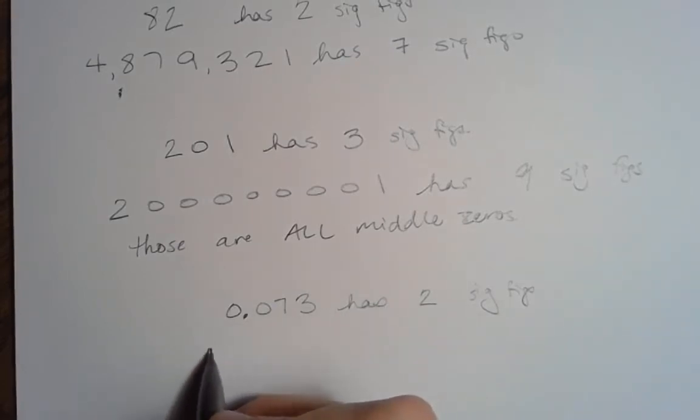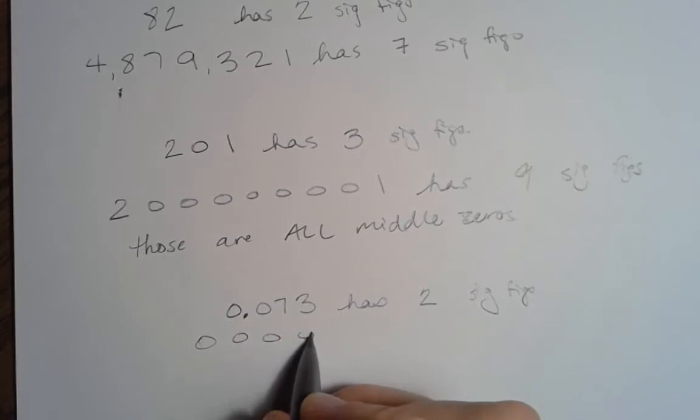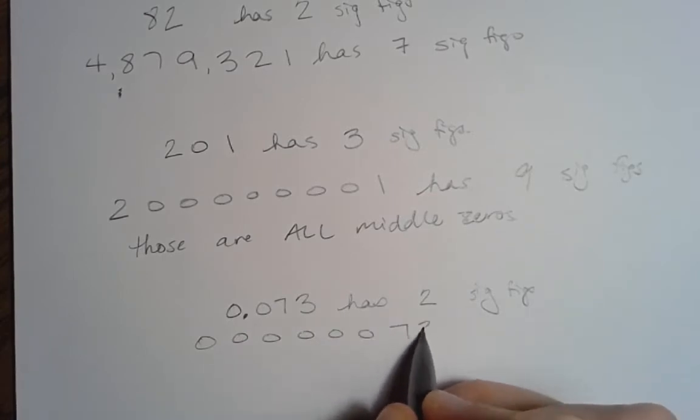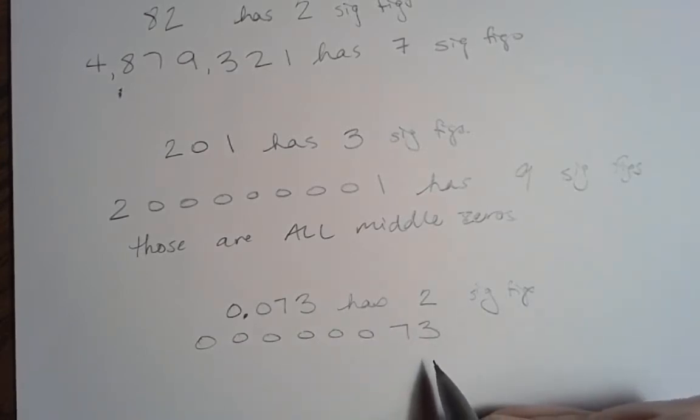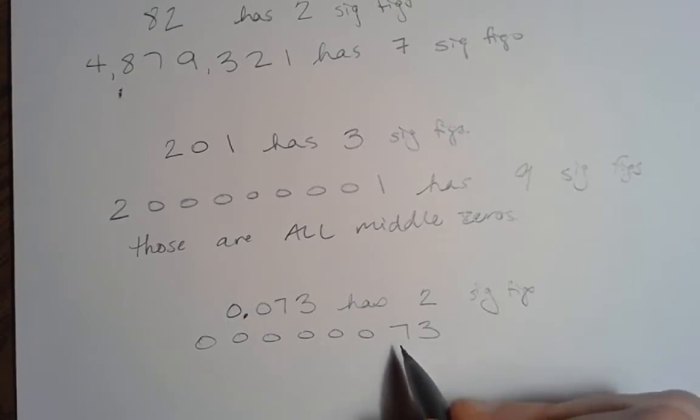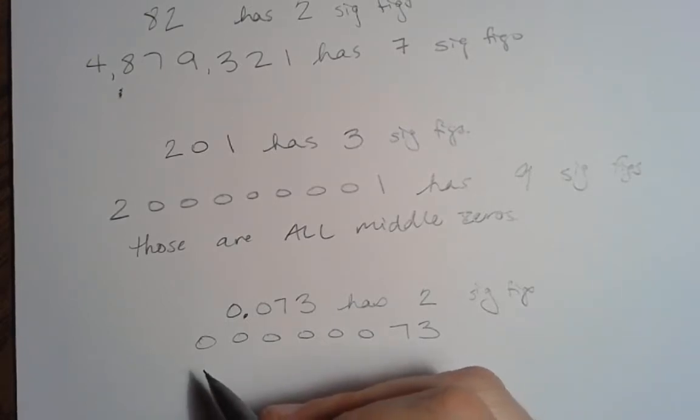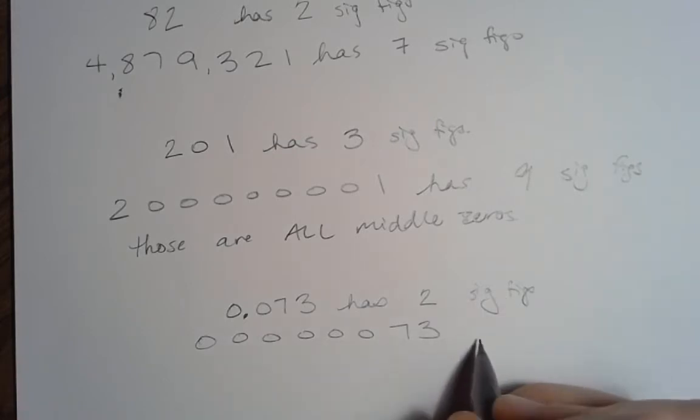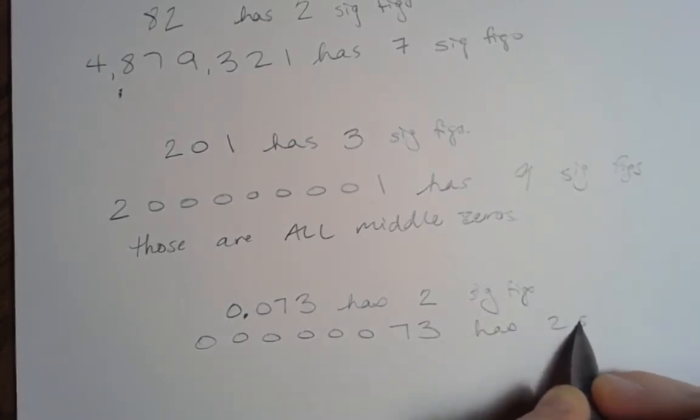We'll do another one like that. This is 73, and all this tells me is that there's nothing else, which is fine, but I don't really care. This has 2 sig figs.